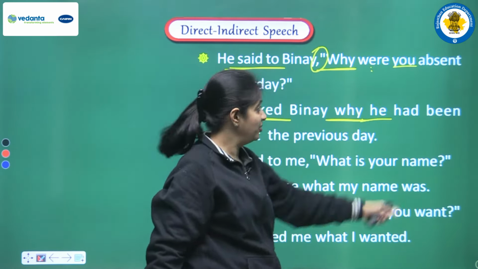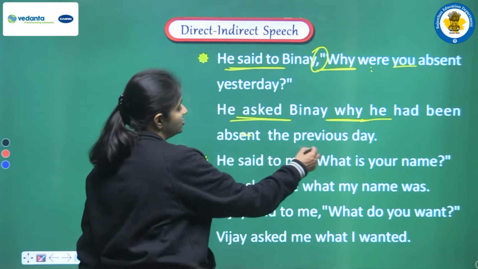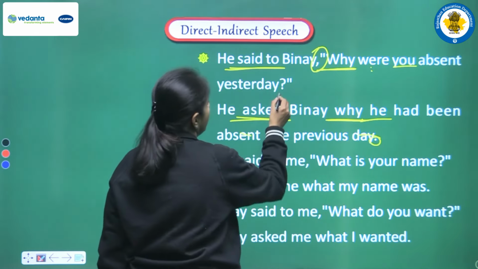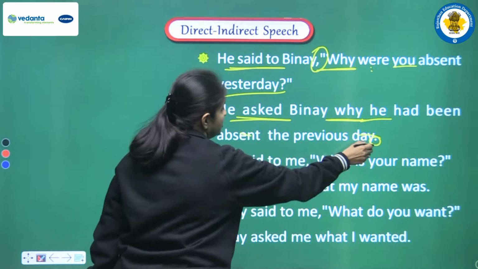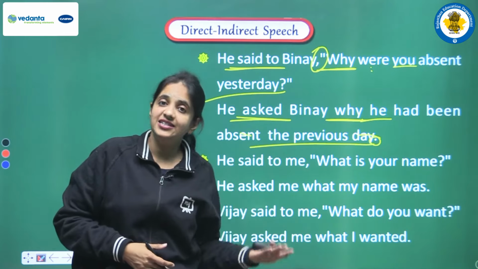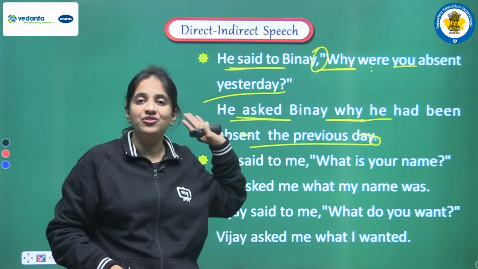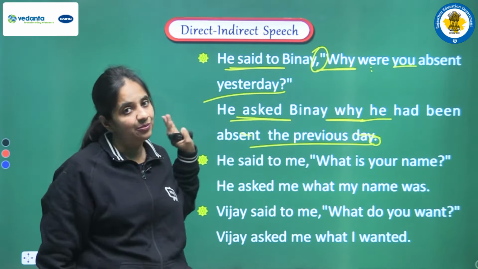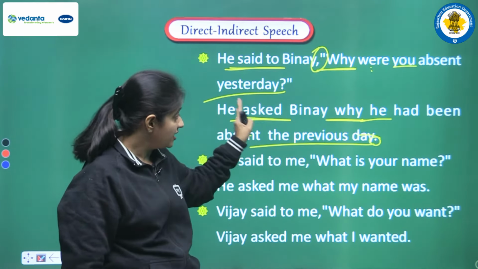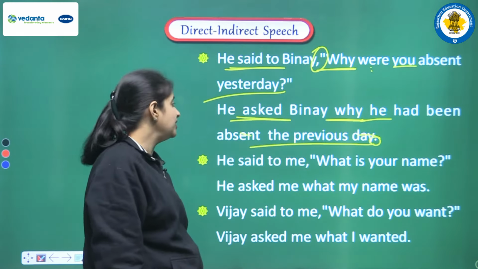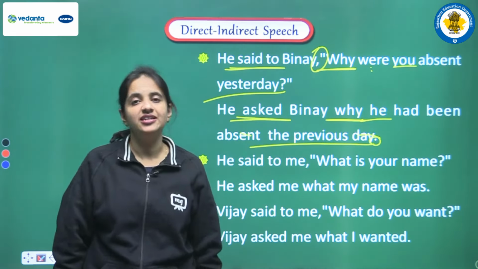After that our helping verb, and at the end of the sentence one full stop. And yes, "yesterday" will be changed into "the previous day". Clear? So these are all the changes, and after doing all of them, the complete sentence will be: he asked Binay why he had been absent the previous day.